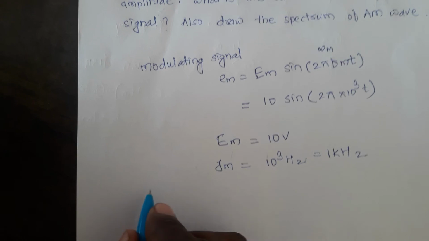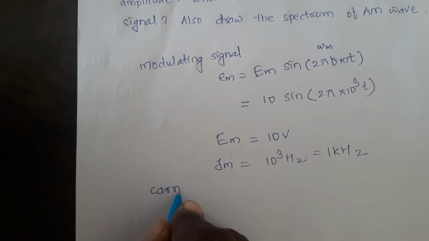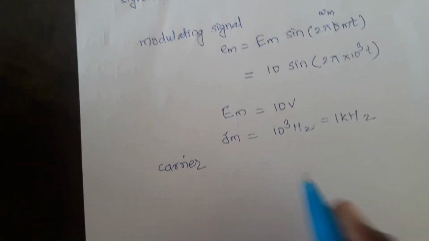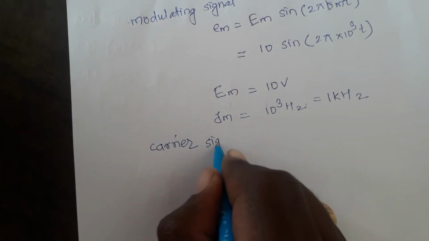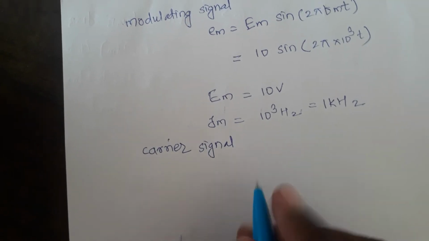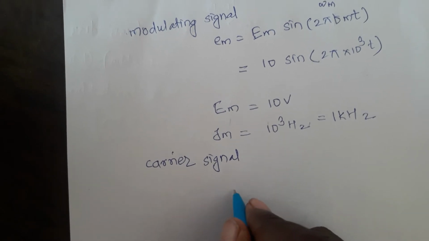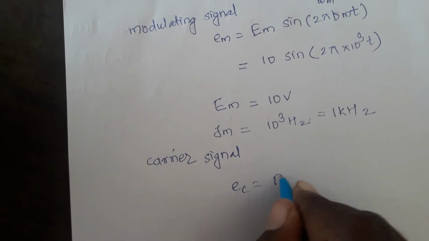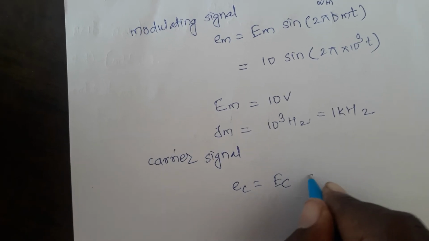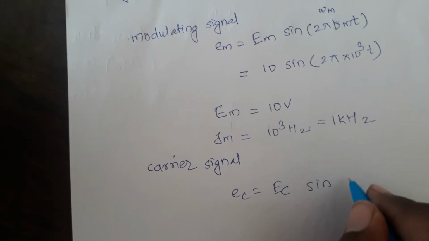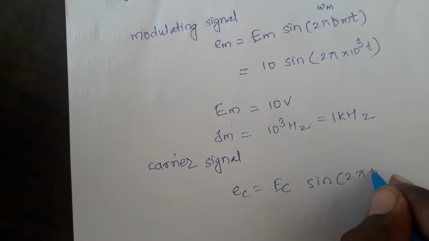Similarly, they have provided the equation of the carrier signal. As per the equation we know that EC is equal to capital EC sine 2 pi fct.